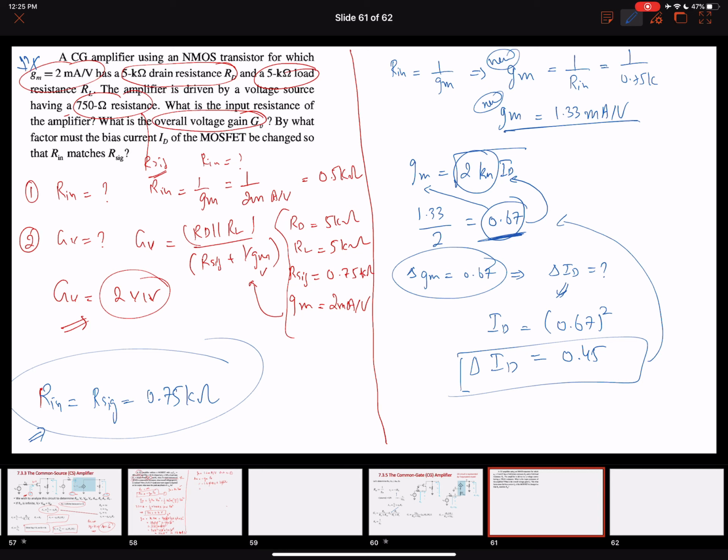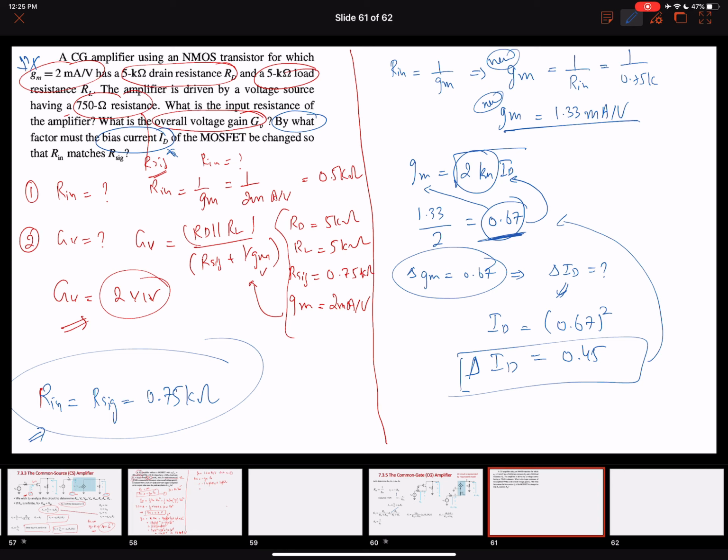The important thing is that the question is not asking what the new value of the drain current will be, or what the new value of GM will be. The question is asking by what factor the value of the drain current will change. So it is giving you a factor, more like a differential.